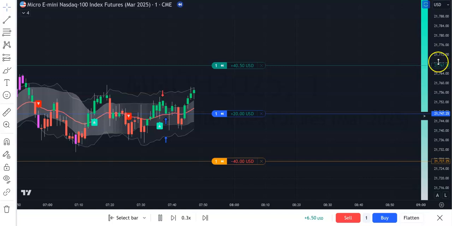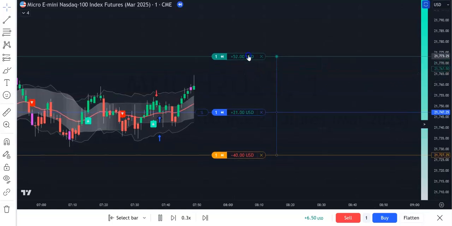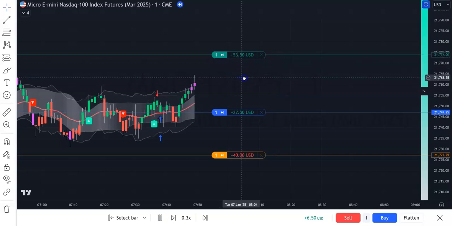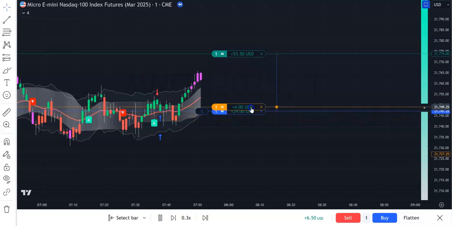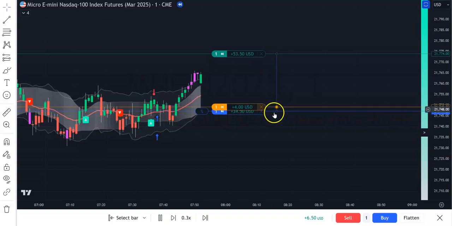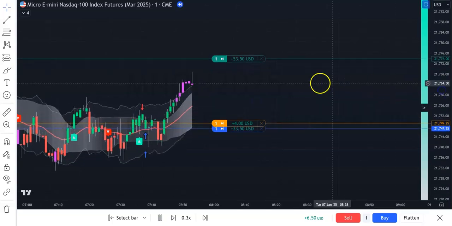So let's just see what's going to happen here. Okay, we're starting to go up. So I would increase this now at this point, and I would bring my stop up. We're almost twice our. Okay, we're at a $50 profit.